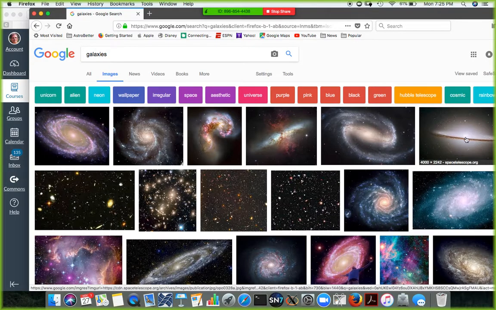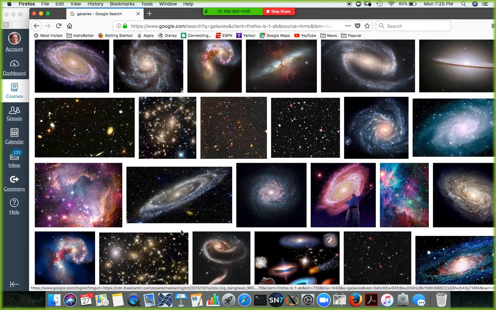But just with that information, I can't tell what it is. But look at this. This is another spiral, and another spiral right here. This is another spiral galaxy, another spiral, and spiral, spiral, spiral. So spiral galaxies can be easily identified because of their bulge and because of their spiral arms.